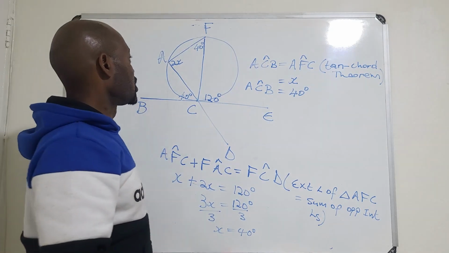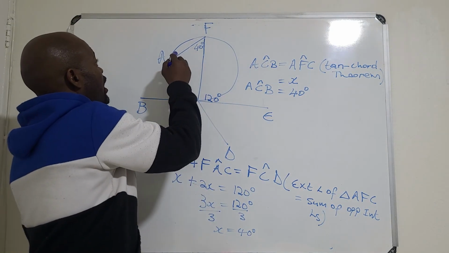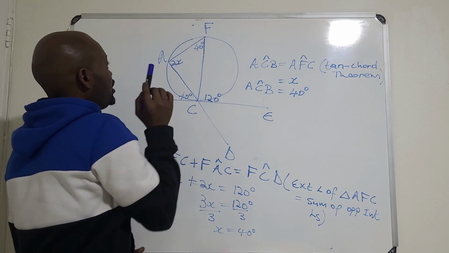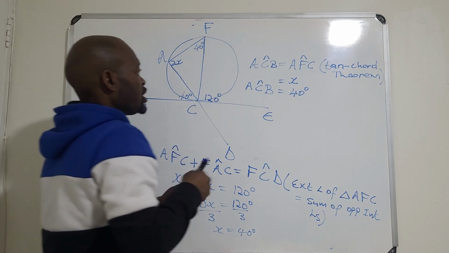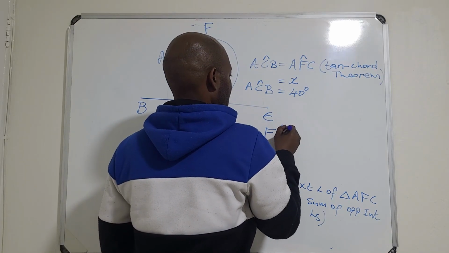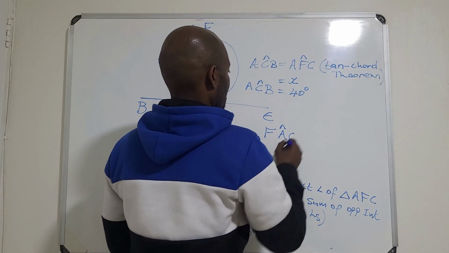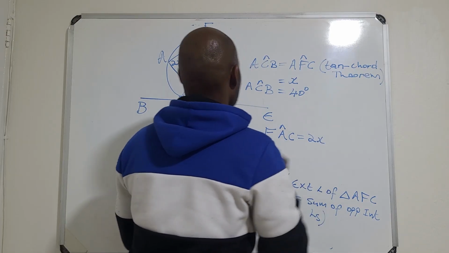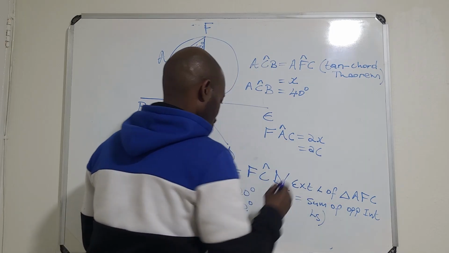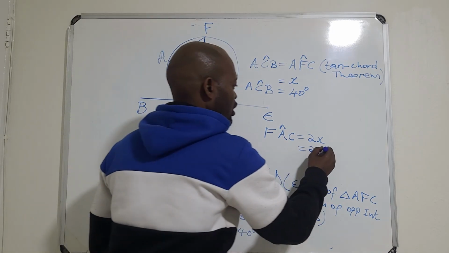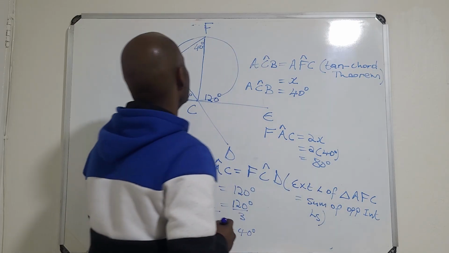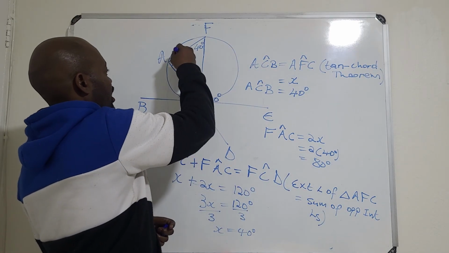If we're told to find this angle there, which is angle FAC, we're going to find it: angle FAC is equal to 2x. That's what it's equal to. 2, our x is 40, which is 80 degrees, this angle there.